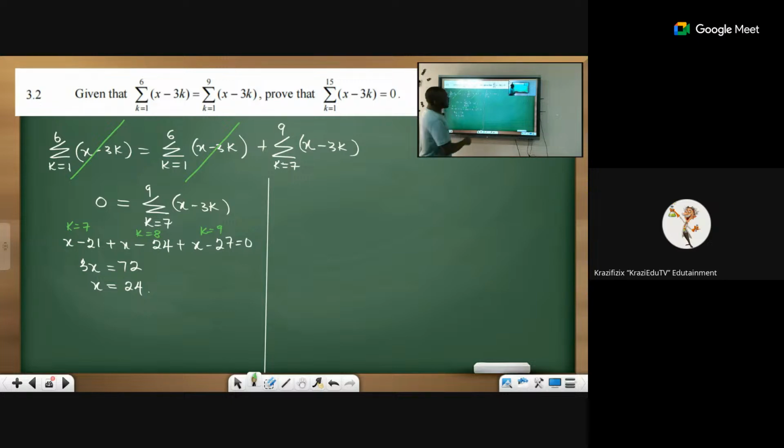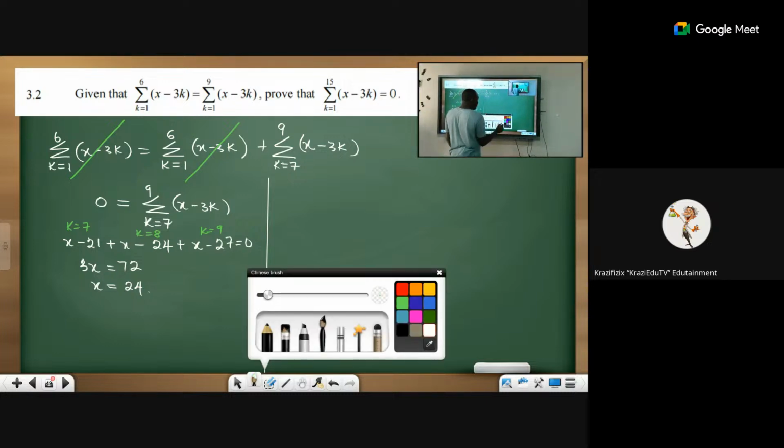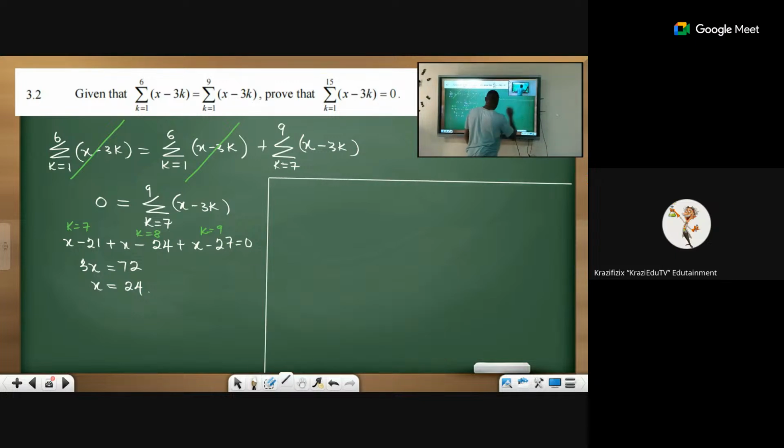So x equals 24. But now I want us to do it in a very simple way without doing the whole of that. That is an arithmetic progression, I don't know if you notice. They said sum to 15 terms. Sn equals n over 2. So what is my n? Top minus bottom plus 1 gives 15. What is my a?